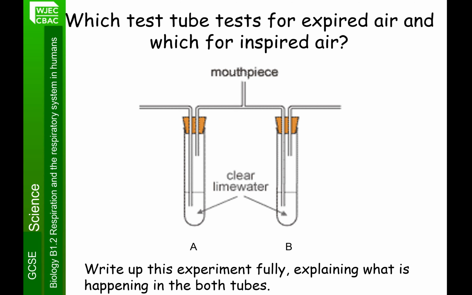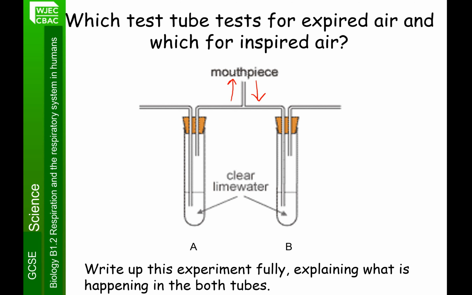So the idea in this experiment is that somebody will breathe out, down through the mouthpiece, and then breathe in through the mouthpiece constantly. So they'll be breathing in and out. And as they breathe in and out, one of the tubes will bubble each time.